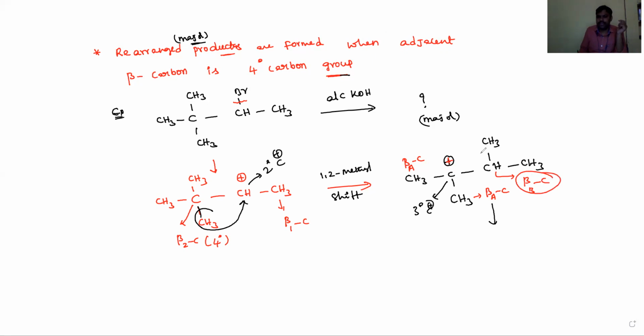If you remove hydrogen from this carbon, then we'll get a tetrasubstituted alkene, which is the major product. So this is the major product, and it is the rearranged product also.